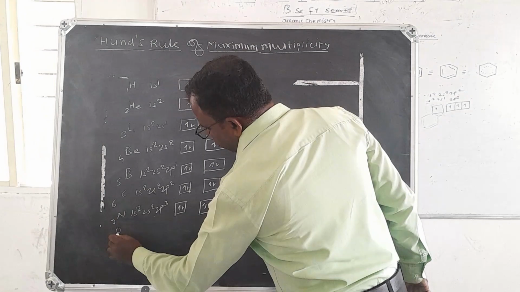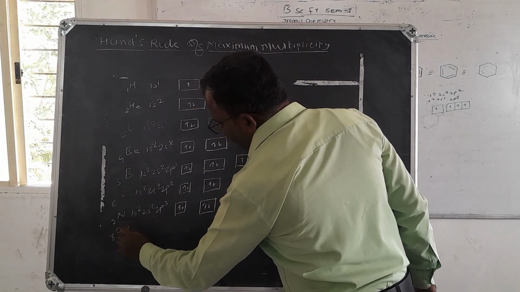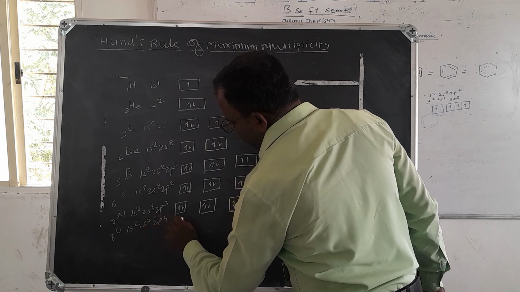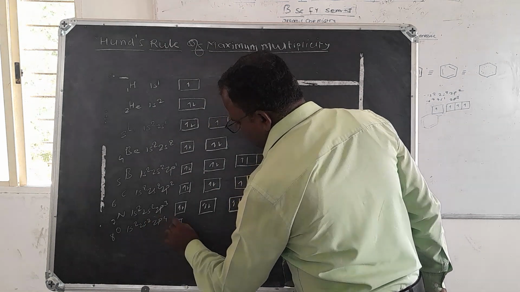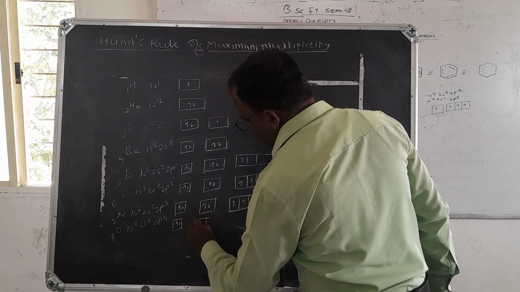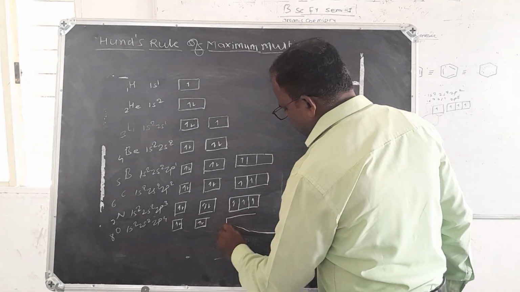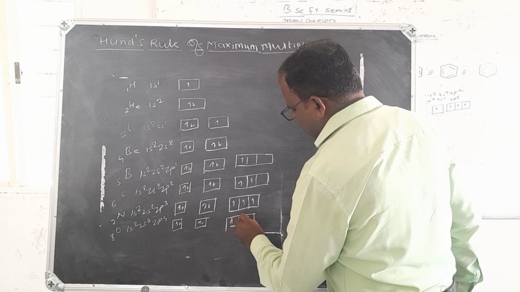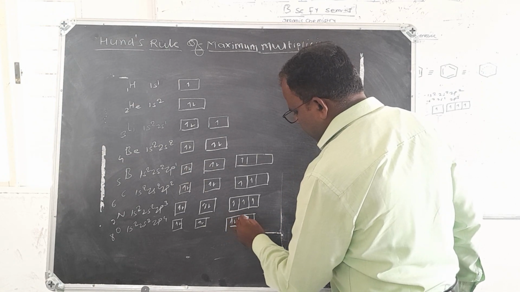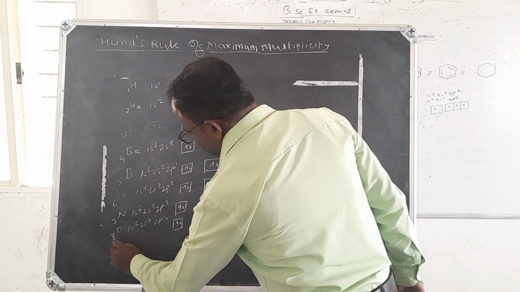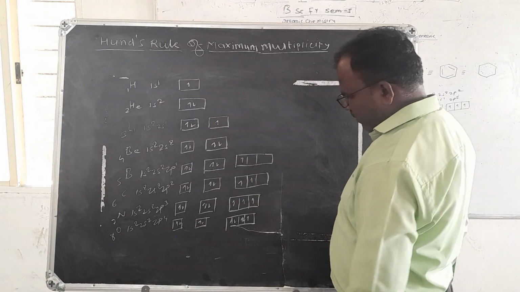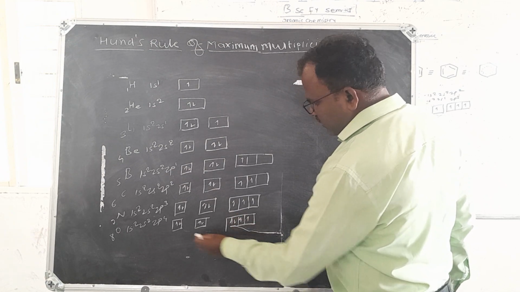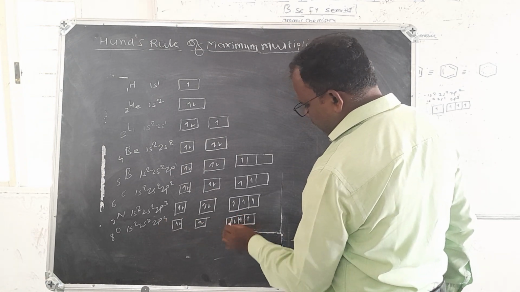The oxygen atomic number is 8, 1s2, 2s2, 2p4. Here one electron is added in each orbital, and after that there will be 4 electrons: 1, 2, 3, 4.